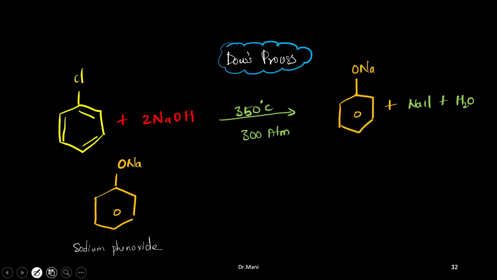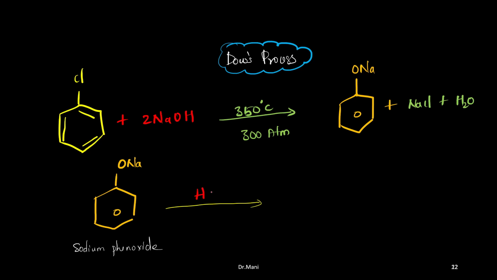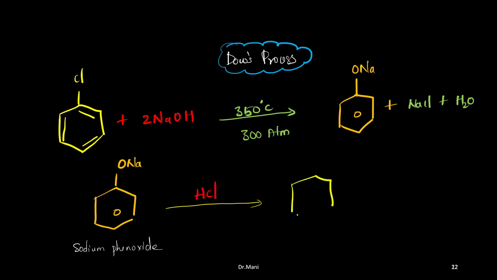When you do the acidification, that means you are treating with an acid. Here the acid we are taking is hydrochloric acid. That will create a phenol, the benzene ring with OH. And you will get sodium chloride as well. So this process is called Dow's process, which is nothing but the aromatic nucleophilic substitution reaction.